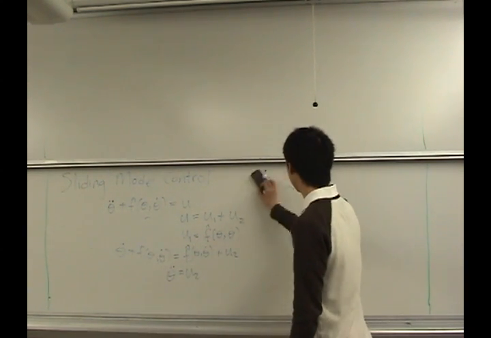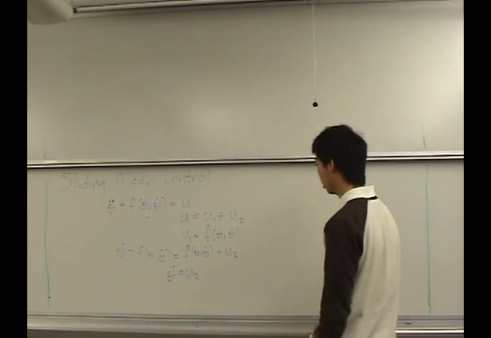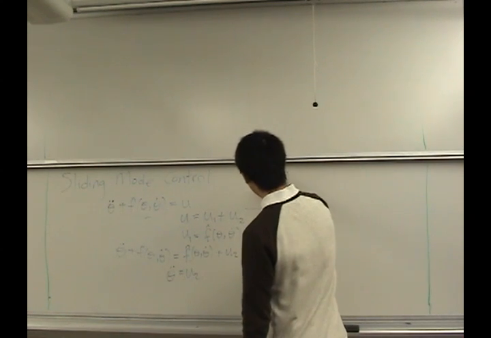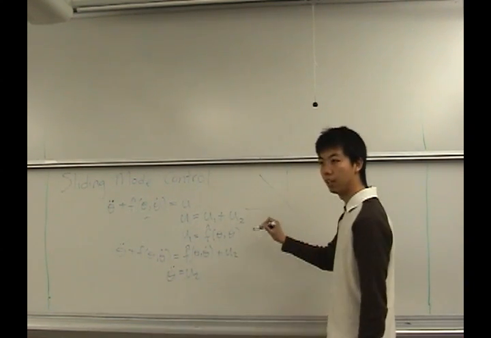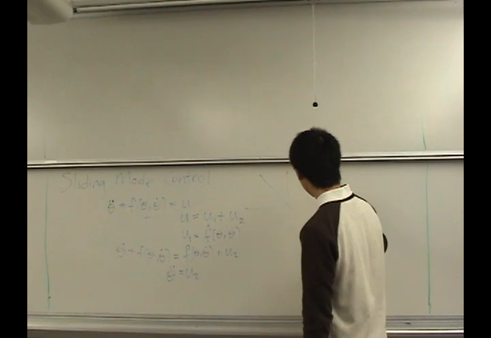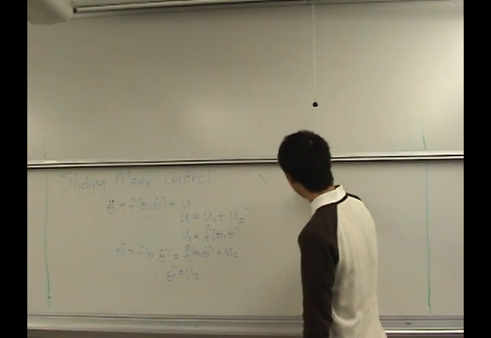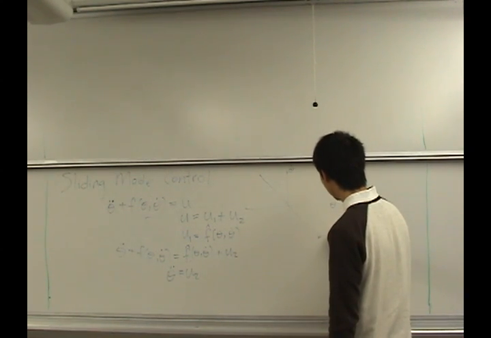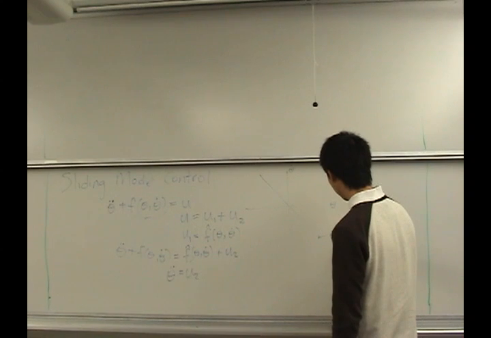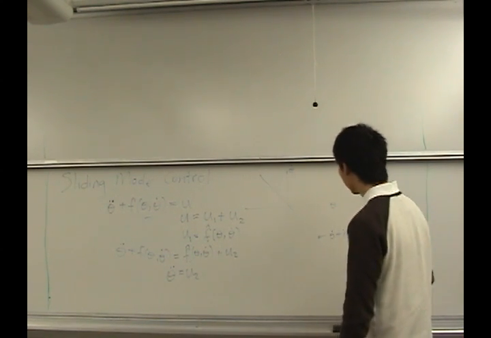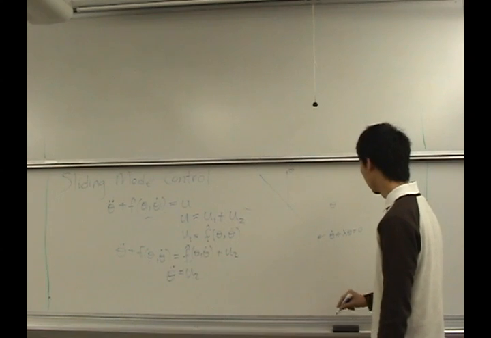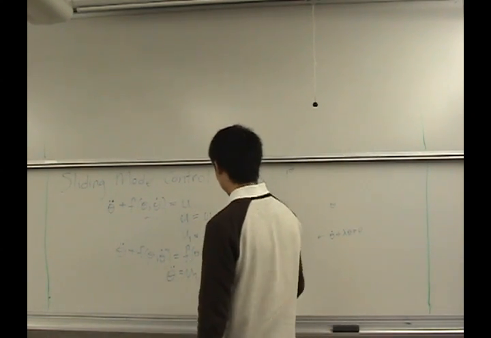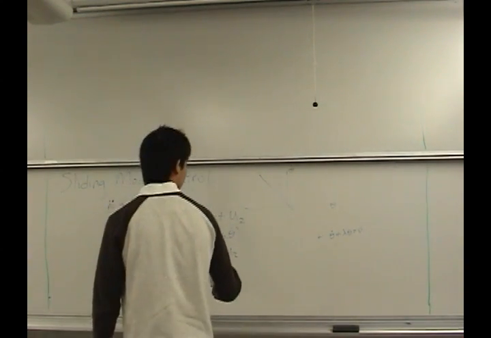Once we have that, we can say we want to follow this line down where theta dot plus lambda theta equals 0.